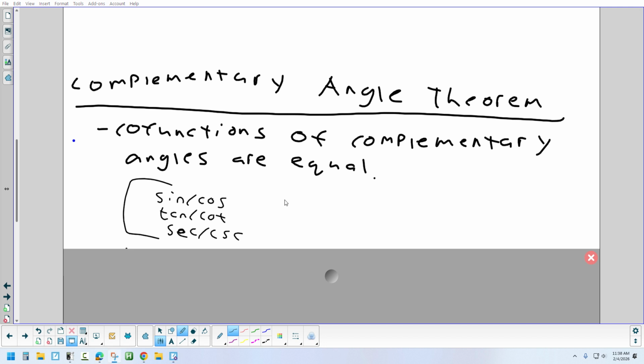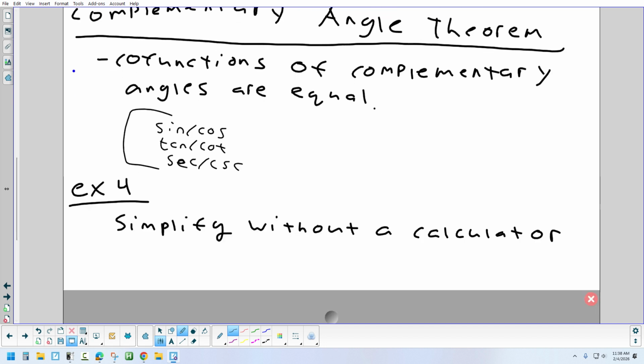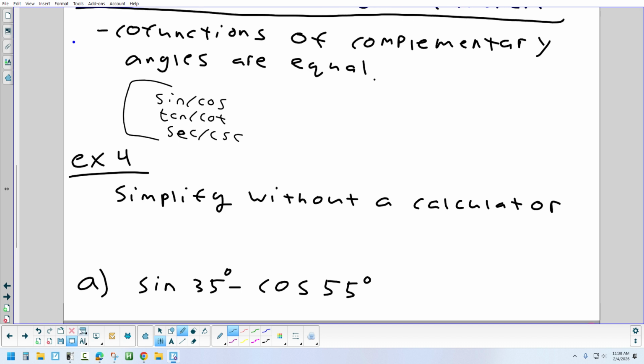All right, so let me show you why two things coming out the same could really help us to figure out a problem. I want to simplify that. The sine of 35 minus the cosine of 55.